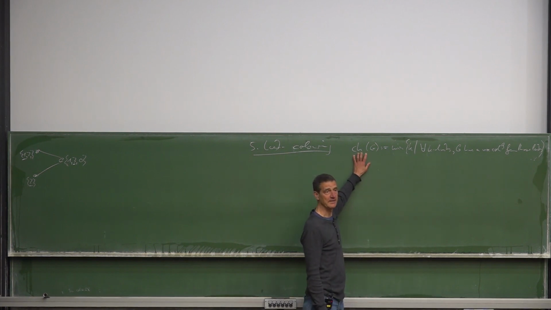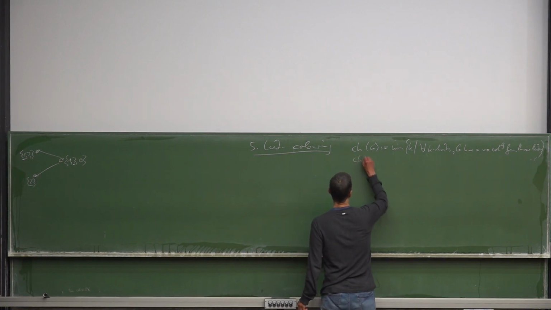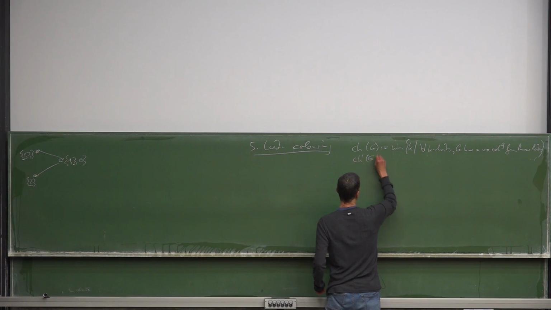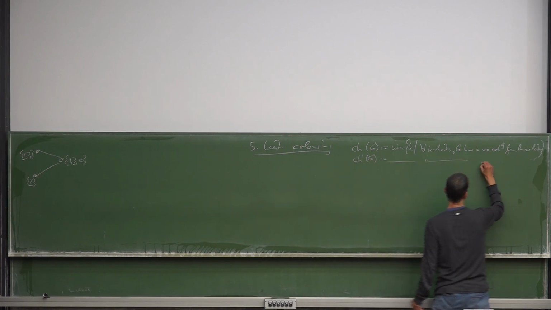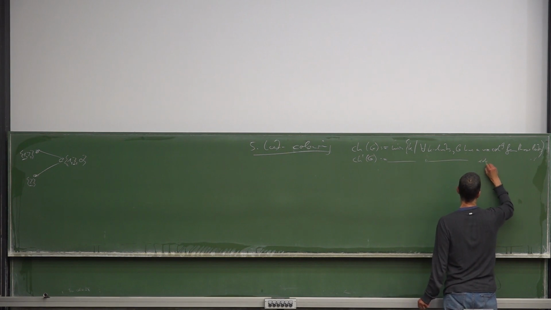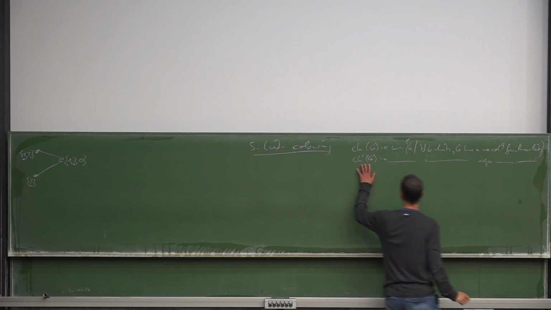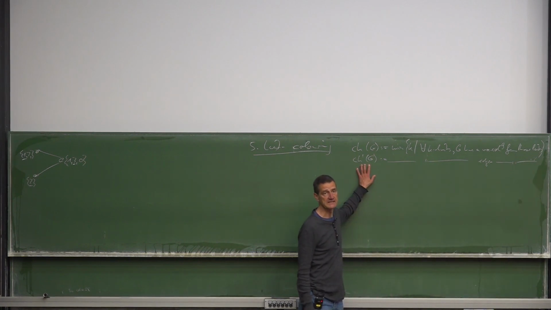Now, why is the list chromatic number called CH of G? Because it stands for choice. Right? It's the choice number. You choose from the lists. And this is the same for edges, and it's called the list chromatic index.